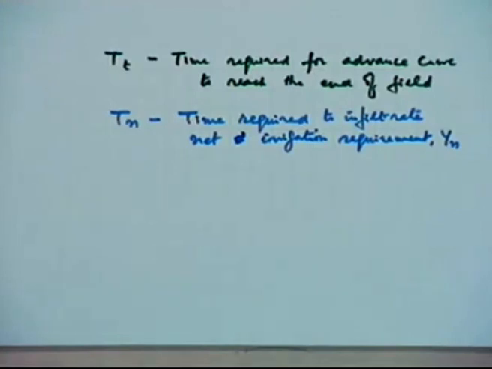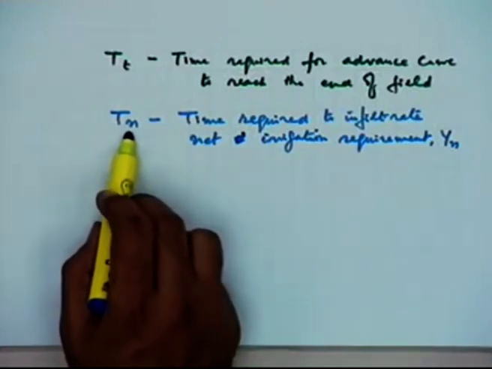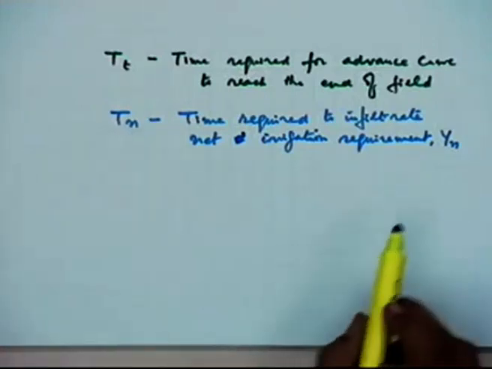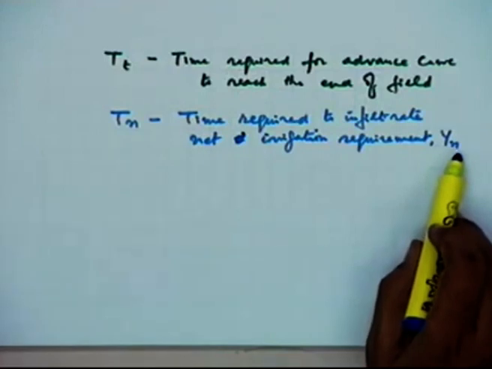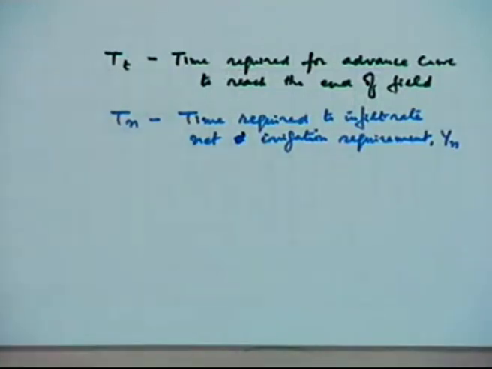So, to achieve the net irrigation requirement, if you need the time Tn, that is the time which is required to get this net depth of irrigation, and Tt is the time of advance of the waterfront to reach the downstream end.